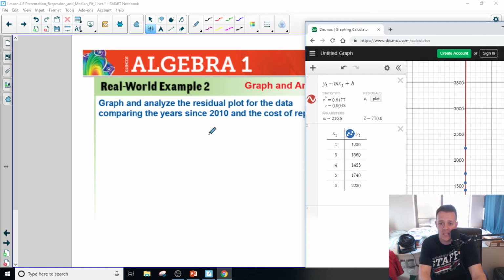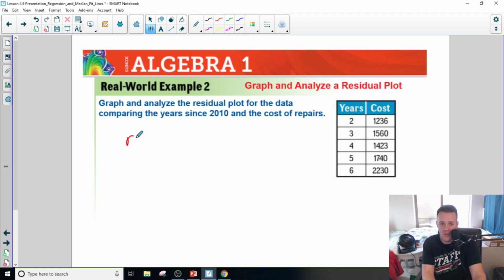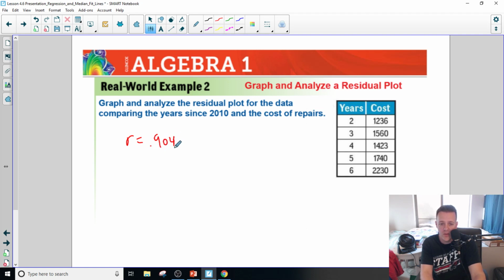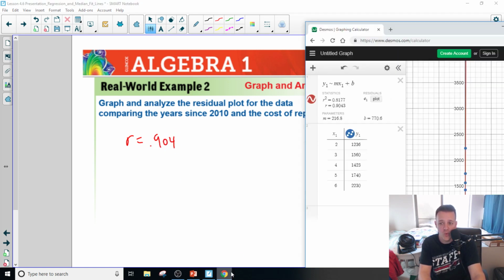Once again, it's a strong positive correlation, and don't worry about the R squared, everybody, but the R value is 0.904. That's very strong, because remember, the closer to 1 it is, the better.